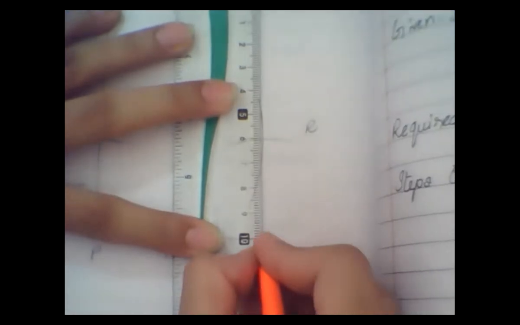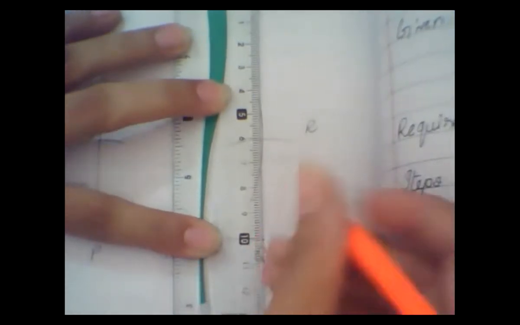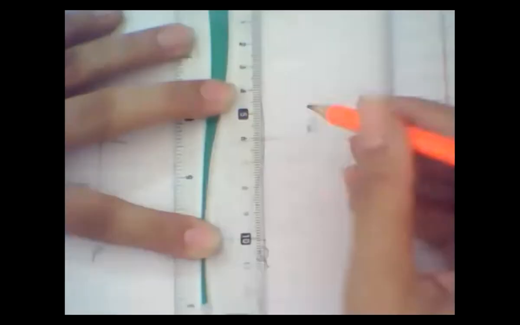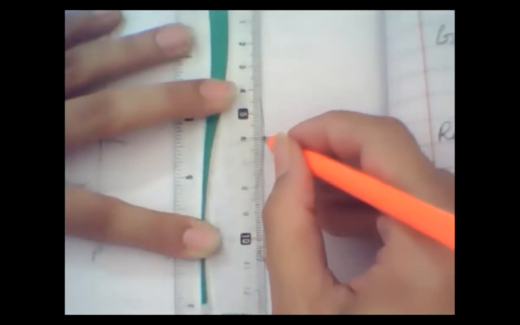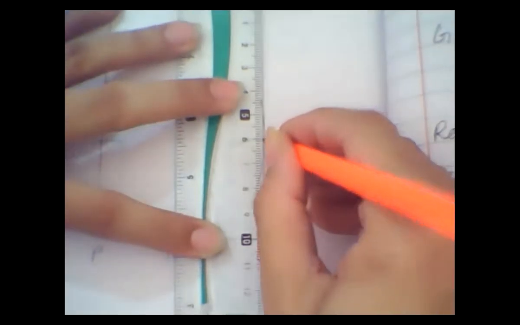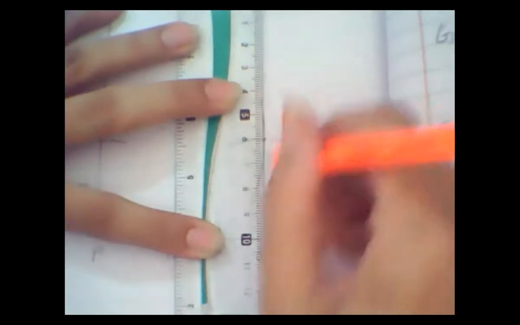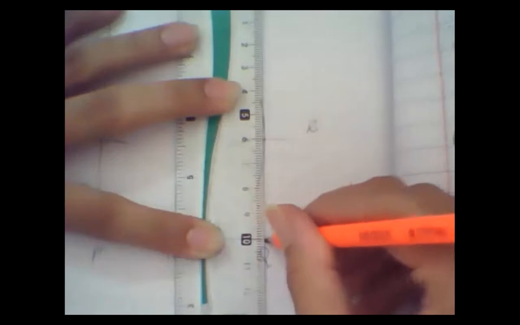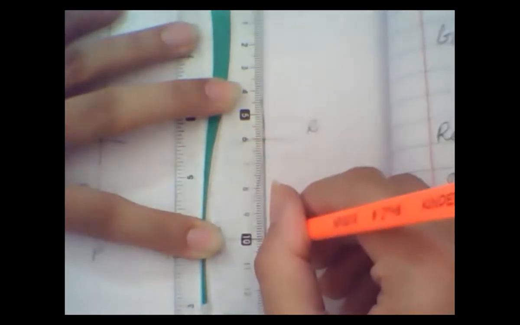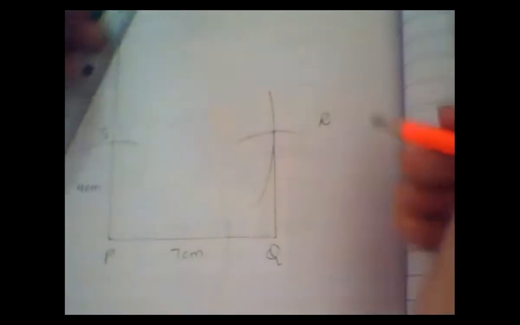Now put your scale like this and check that these two points are meeting properly or not. Just look at how I am meeting these two points. Put your pencil over there. Are you getting me?